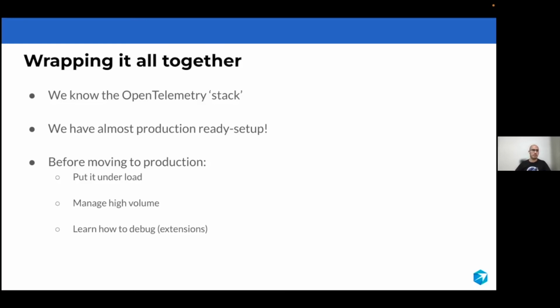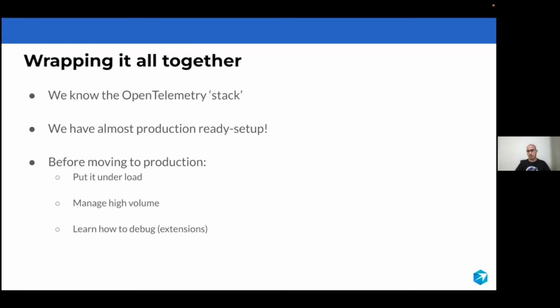A few tips before moving to production: I would say you have three things that you need to test. The first one refers to the question that I answered previously: how many resources do I need in order to maintain the traffic in production? So put it under some load and test it a bit so you have some feeling for it. The second thing is to make sure that you have auto scaling in place, and that the Elasticsearch or whatever database is going to ingest the data is big enough and has some data retention on top of it.